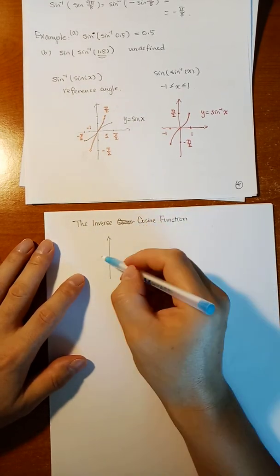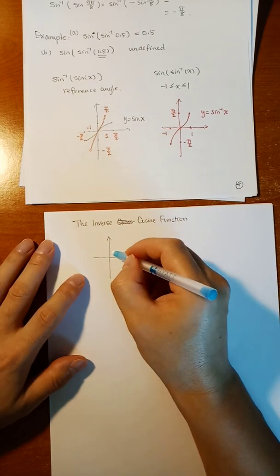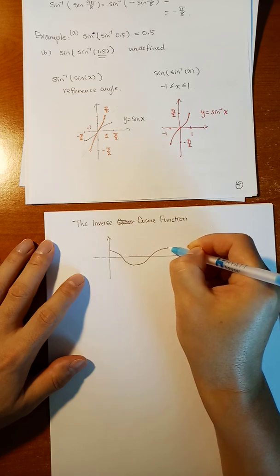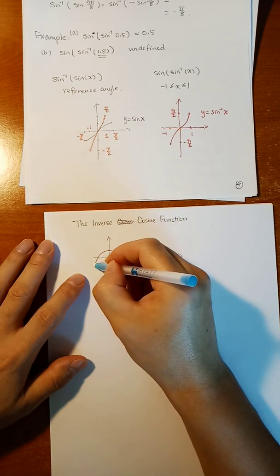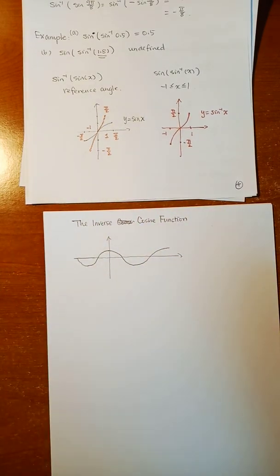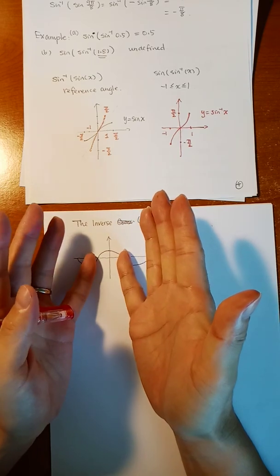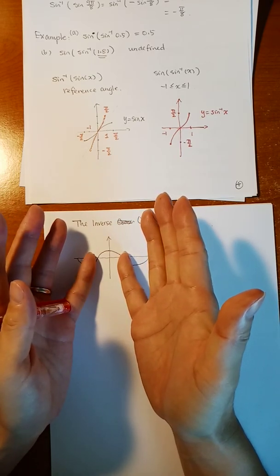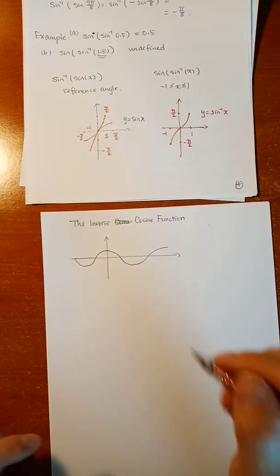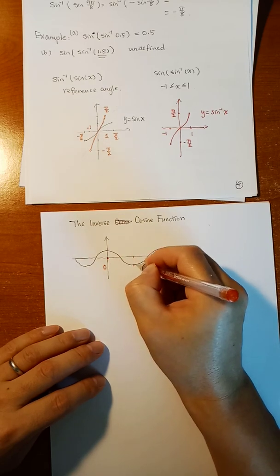We find the inverse sine by cutting the graph, and we find the inverse cosine also by cutting the graph. So this is the graph of cosine. This time we cannot cut from negative pi over 2 to positive pi over 2. If we cut this way, it's still not 1-to-1. So we will cut it from 0 to pi.